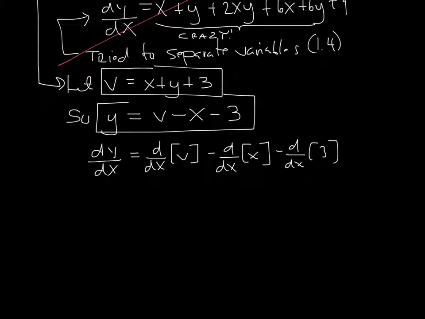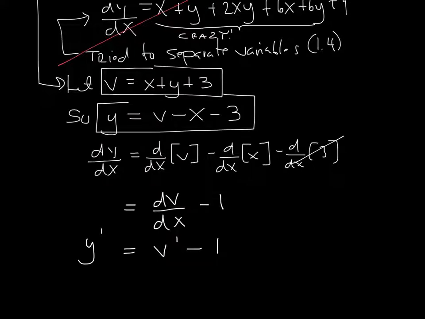And so when I find this derivative, I get dv/dx, or v prime, minus 1, and then the derivative of a constant is 0. So I'm left with, if you wanted to write v prime, that's fine, or y prime. It's up to you if you want to use Leibniz notation or not. Okay, so this is what we have.